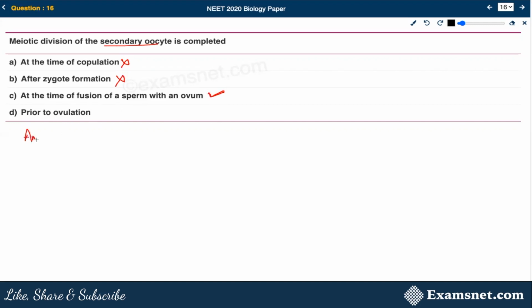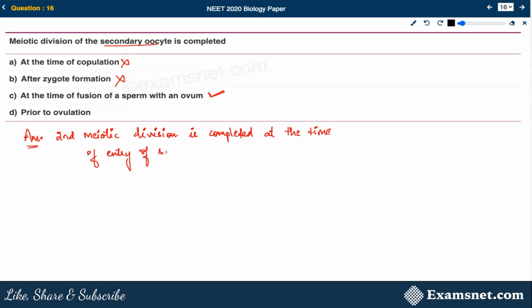Because if you look into its explanation, then the second meiotic division is completed at the time of entry of sperm into ova.